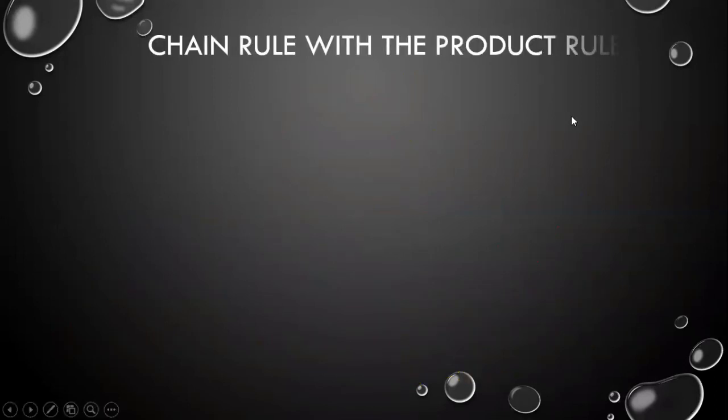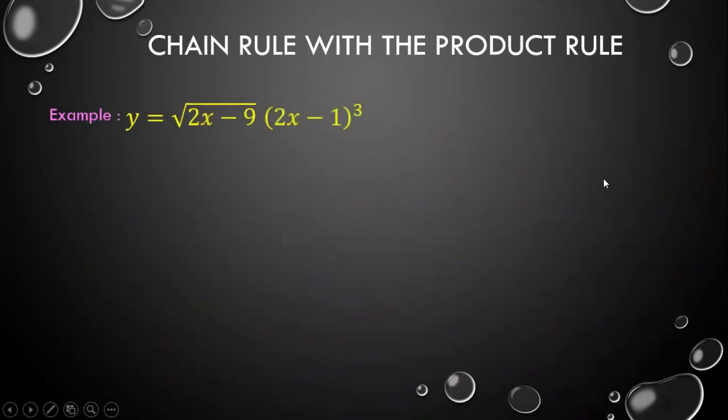Okay, this is the next example of how to use the chain rule with the product rule. I have another example here: y equals root of 2x minus 9 times 2x minus 1 cubed. As usual, by using the product rule, let's say this one is u and this one is v, right?